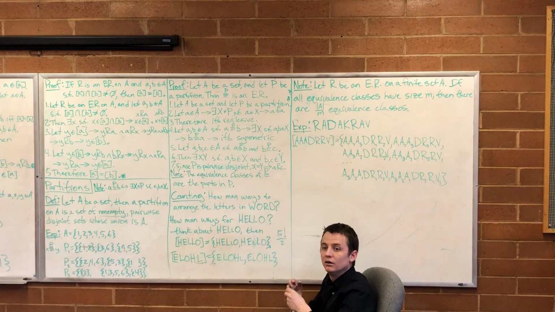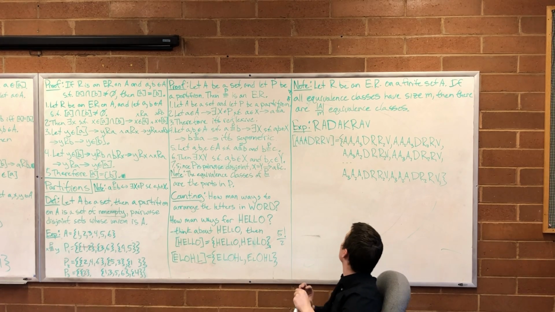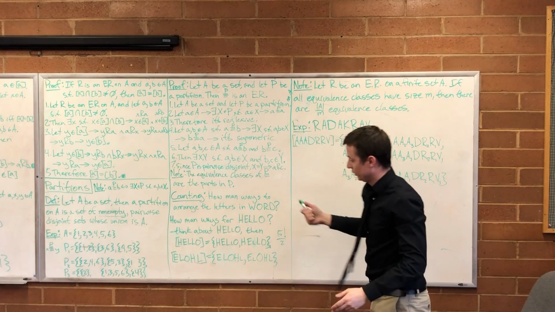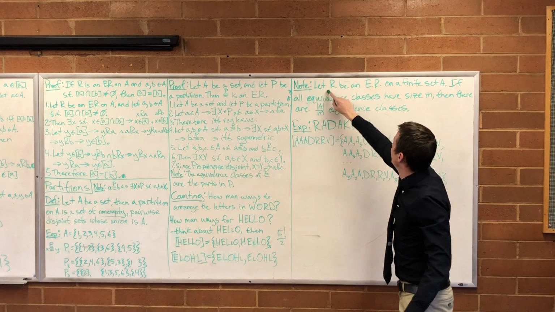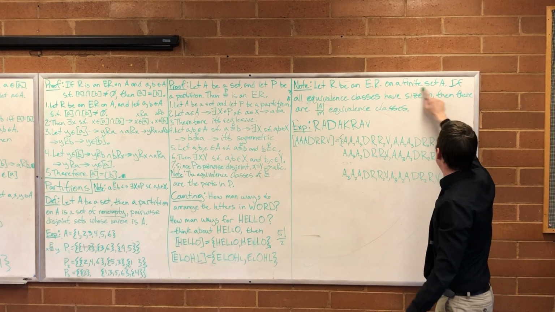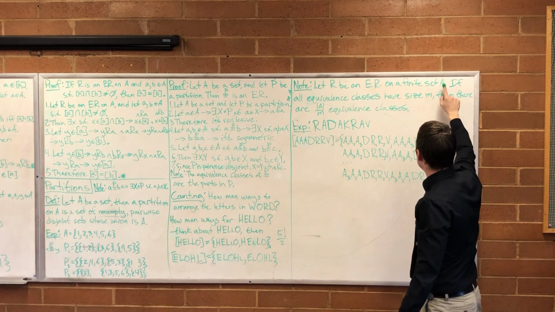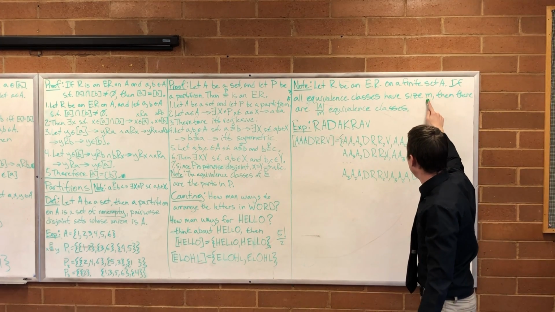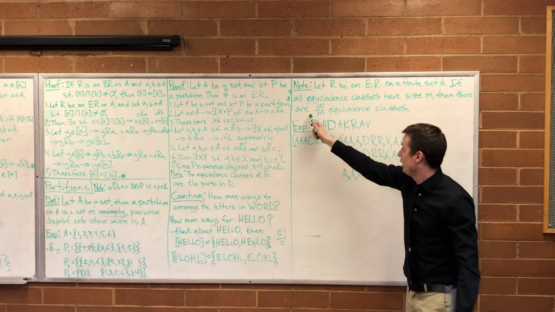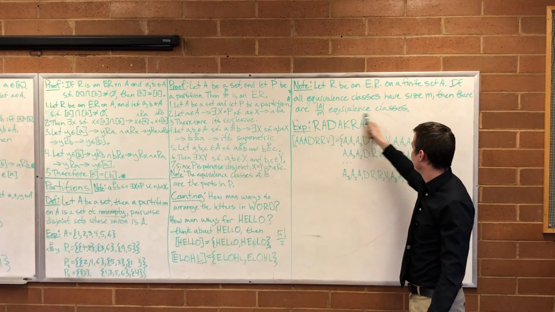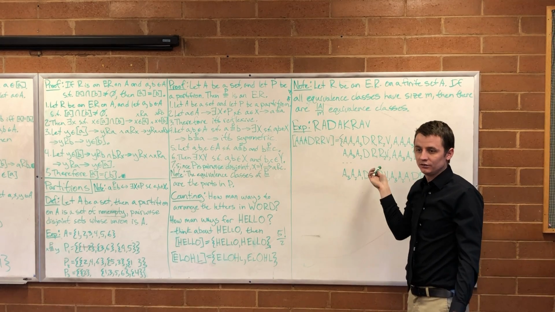Well, let's do a more convoluted example. Well, let's just make a note real quick. Say in general, let R be an equivalence relation on a finite set A. If all the equivalence classes have the same size M, then there are the size of A divided by the size of its equivalence classes, that many equivalence classes, right?